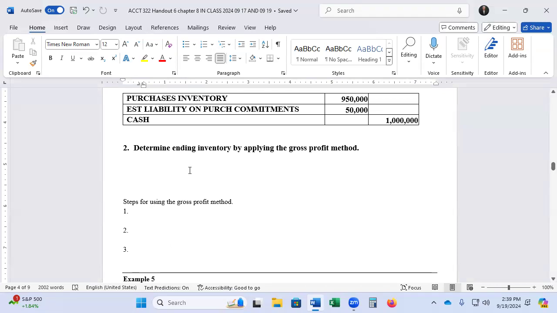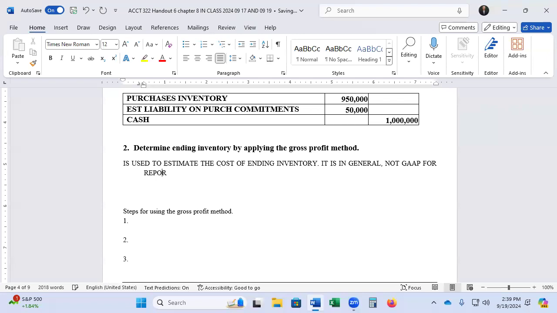Okay. So it's used to estimate the cost of ending inventory. It is in general not GAAP for financial reporting, with some exceptions.